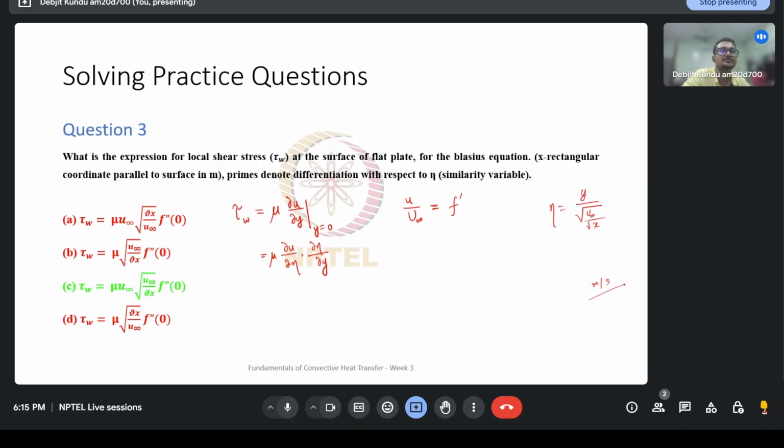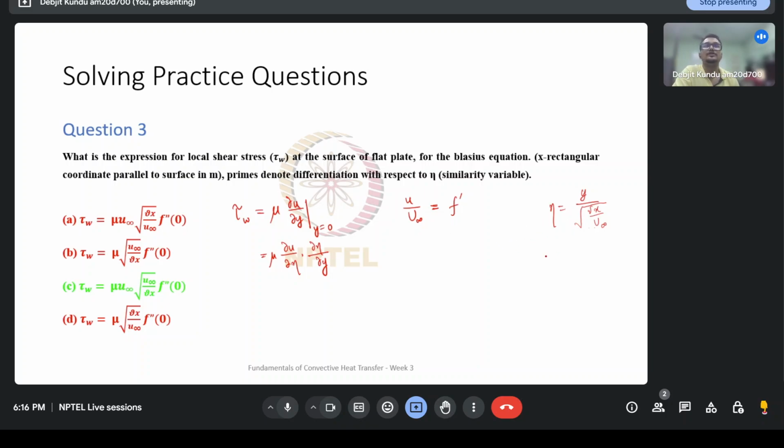Let's just check the dimensions quickly. The other way around. Mu x. Yeah.